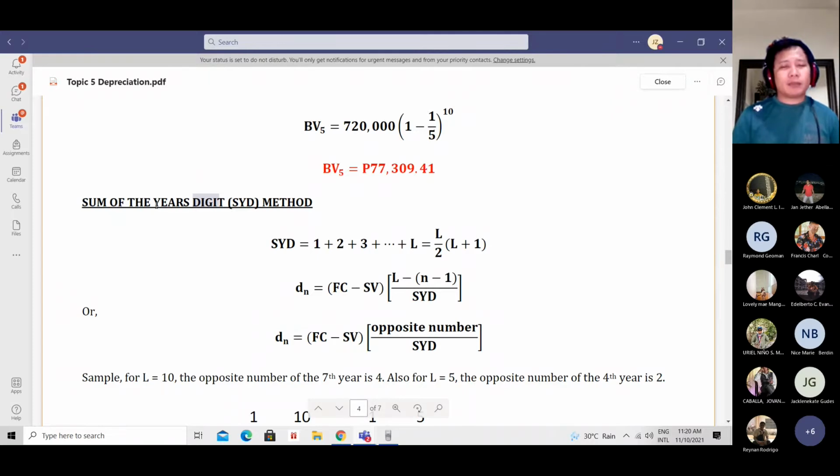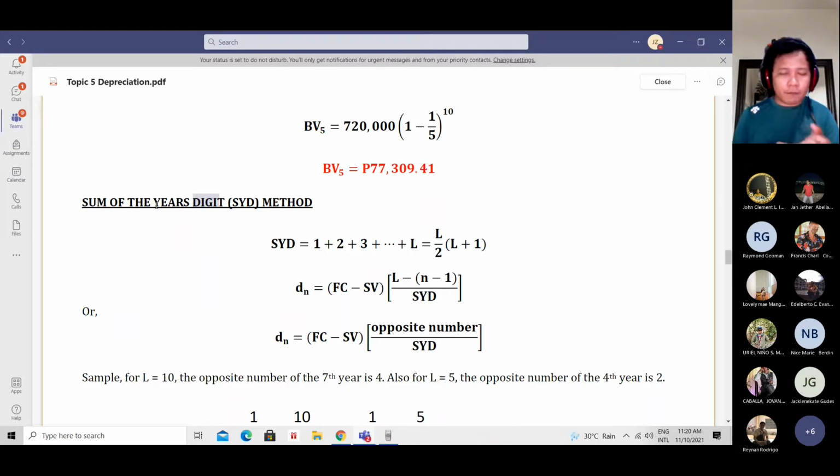For example, if I have a year of 10 years, the sum of the years digit will be, you have to add up 1 plus 2 plus 3 plus 4 plus 5 plus 6 plus 7 plus 8 plus 9 plus 10. That is sum of the years digit.